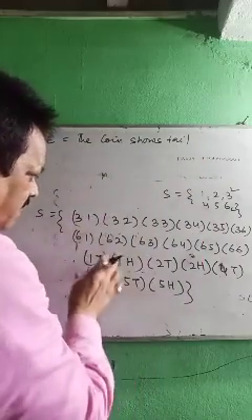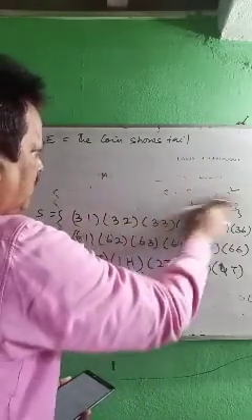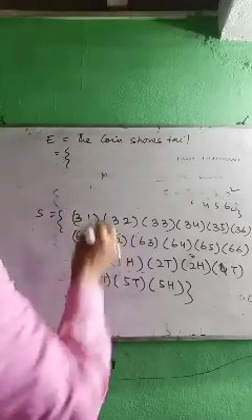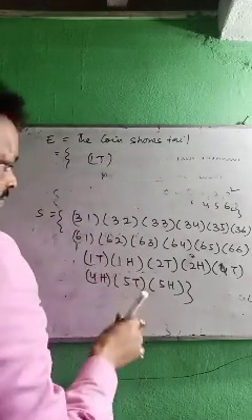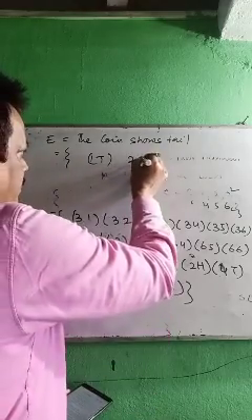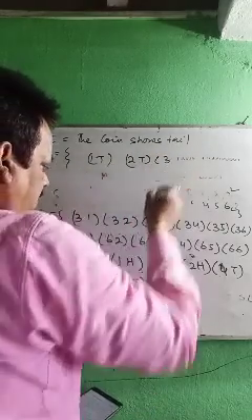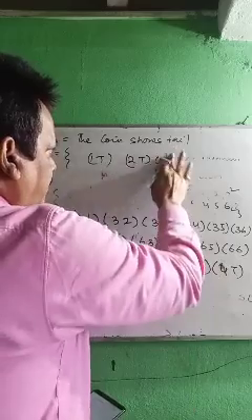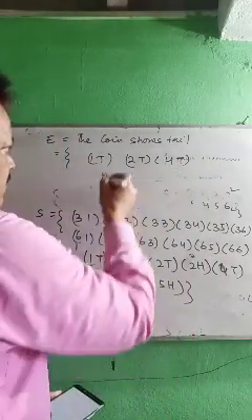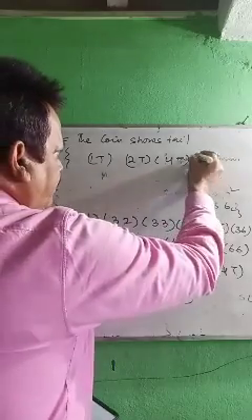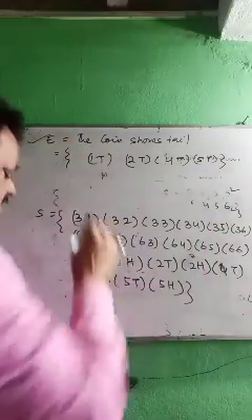So you have to pick from the sample space the outcomes where the coin shows tail. That means 1T, 2T, 3T is not here, 4T, 5T. This is what you want to find the probability of.